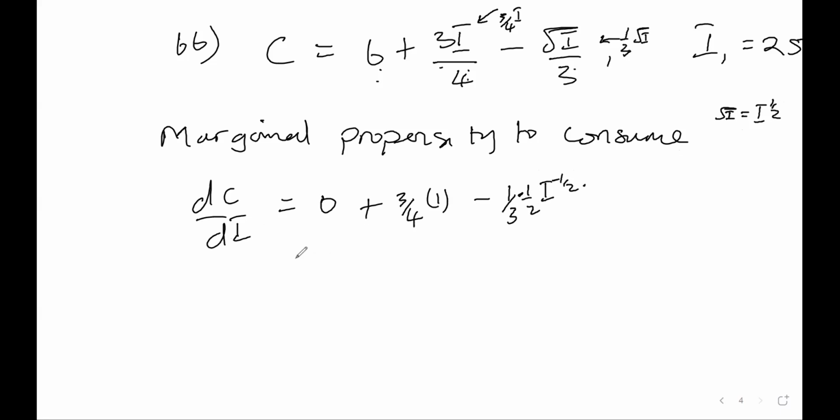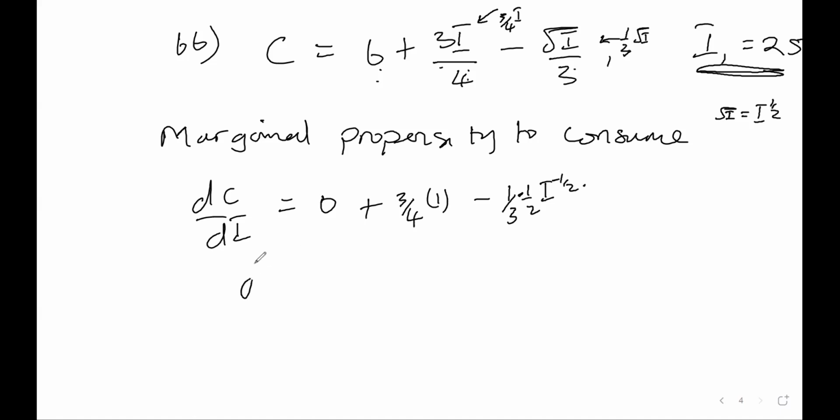Then all we need to do now is to substitute I equals 25 to get the exact value of the marginal propensity to consume when the income is 25. Income is 25 Rand or $25.